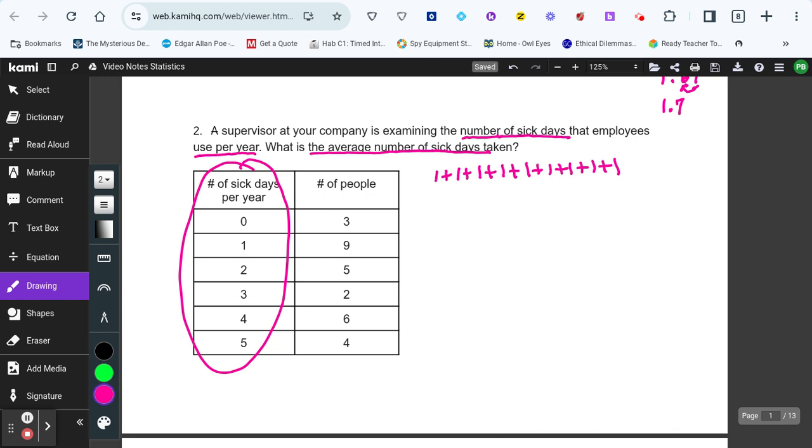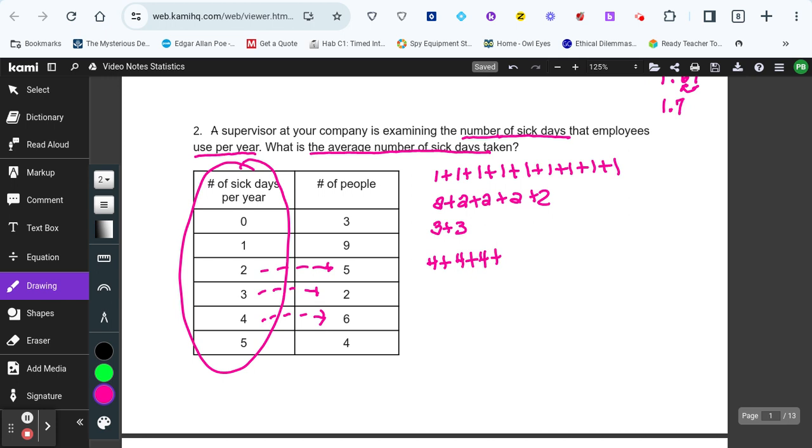But then it says that 2 sick days were taken by 5 people. So that's 2 5 times. 3 sick days were taken by 2 people. So 2 people took 3. 4 sick days were taken by 6 people. So that 4 is going to repeat 6 times.